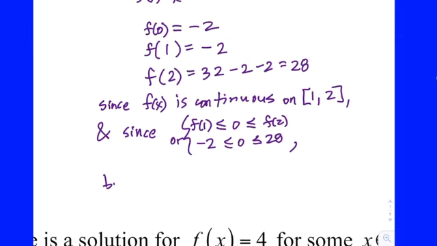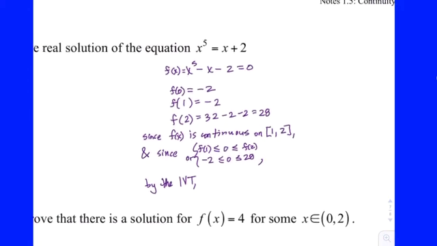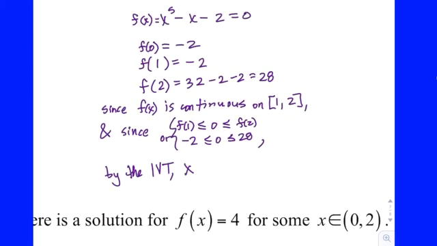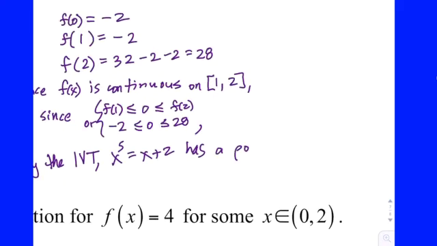Okay, then comma, by the IVT. And believe it or not, the IVT is okay to abbreviate even on test day, on the day of the AP exam. You can abbreviate intermediate value theorem, IVT. By the IVT, comma, now we'll restate the question. x to the 5th equals x plus 2 has, and what did it say, at least 1 positive real solution.